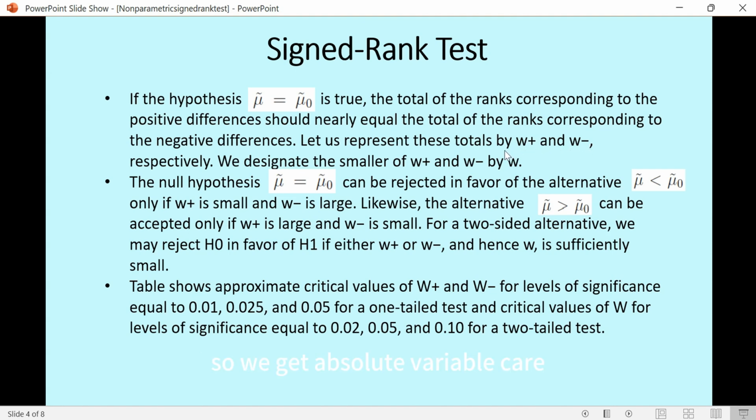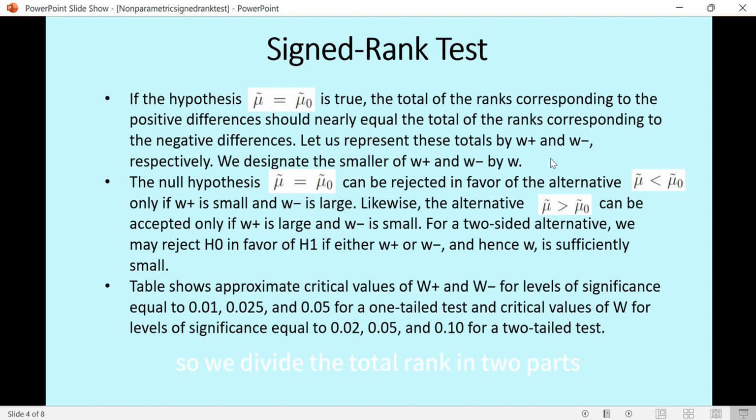Say we have 10 absolute differences, and maybe 3 of them come from positive differences, meaning the sample is larger than this value. The other 7 absolute differences come from the other 7 samples, which are less than this value. Although their absolute value is positive, they come from samples that are less than this value.